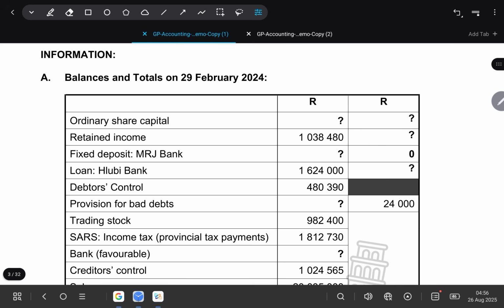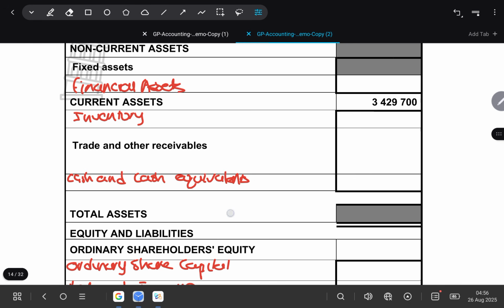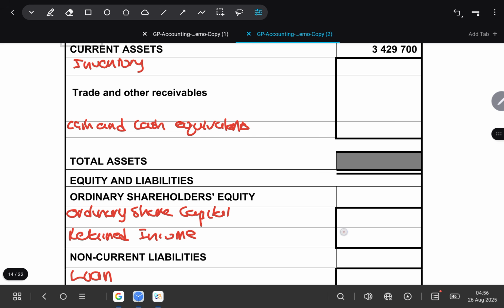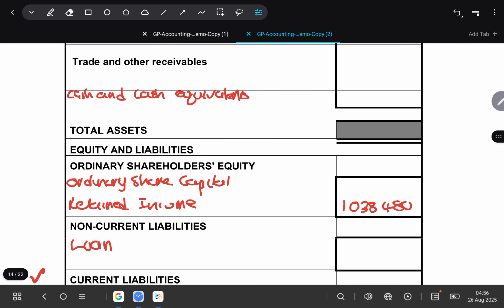So here, number one, from the trial balance in the amounts for this year, we have retained income, which is 1,038,480. Let me confirm. Yes, 1,038,480, and then we have the loan, which is 1,624,000.